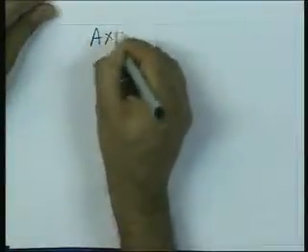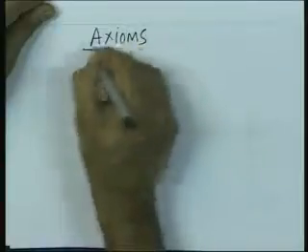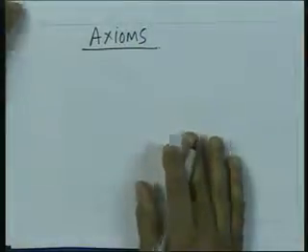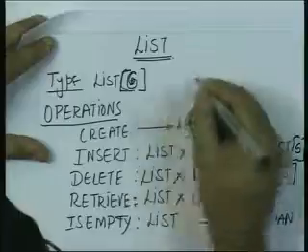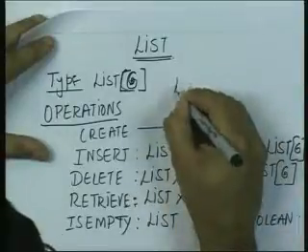Now the one thing that is left for us is to write out the axioms for the list, and there are many axioms that you can end up writing for this. One of the operations that we missed out in the case of a list is an operation that will return the length of the list.